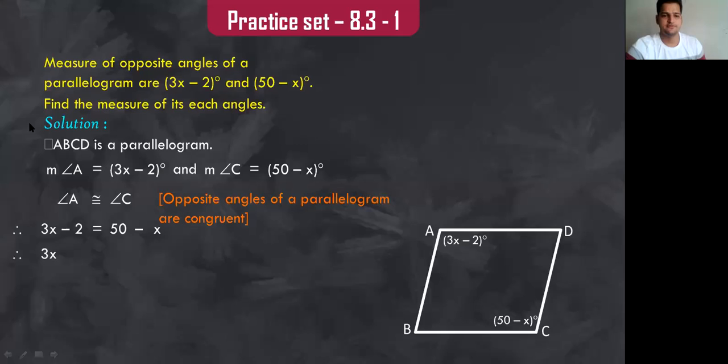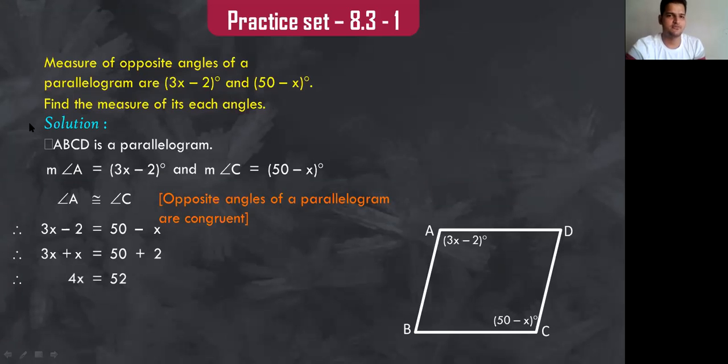So if you shift the minus x from right to left, it will become plus x. Now what remains on the right side? 50. And the minus 2 on the left will go to the right and become plus 2. Now 3x plus x will give you 4x, which is 52.